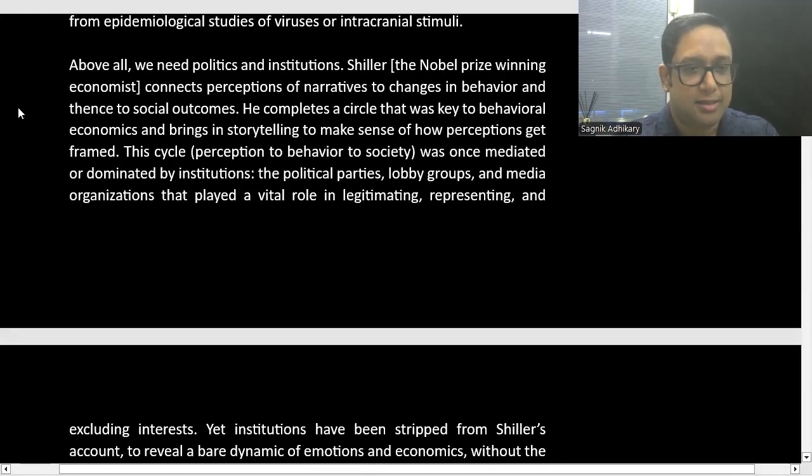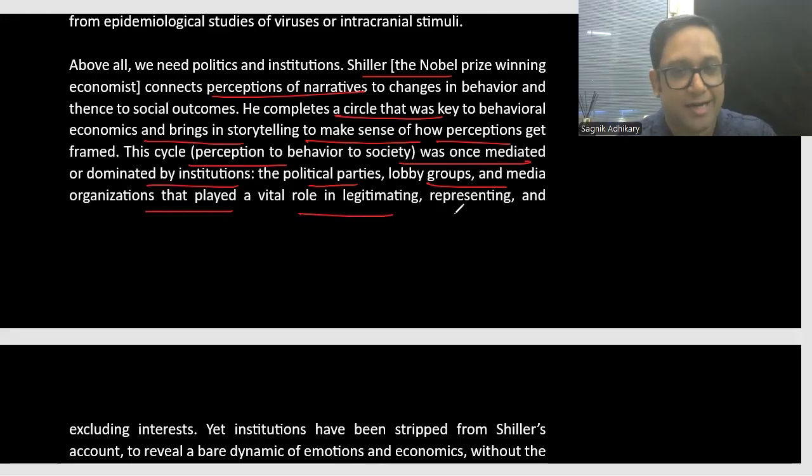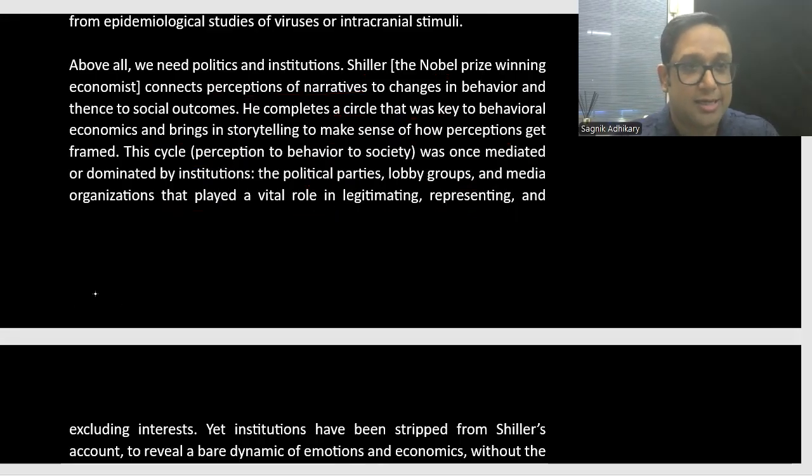We see here, this is where the concepts propounded by Schiller are given. He completes a circle that was key to behavioral economics and brings in storytelling to make sense of how perceptions get framed. This cycle, perceptions to behavior to society, was once mediated, dominated by institutions, the political parties, lobby groups, media organizations that played a vital role in legitimating, representing, and excluding interests.